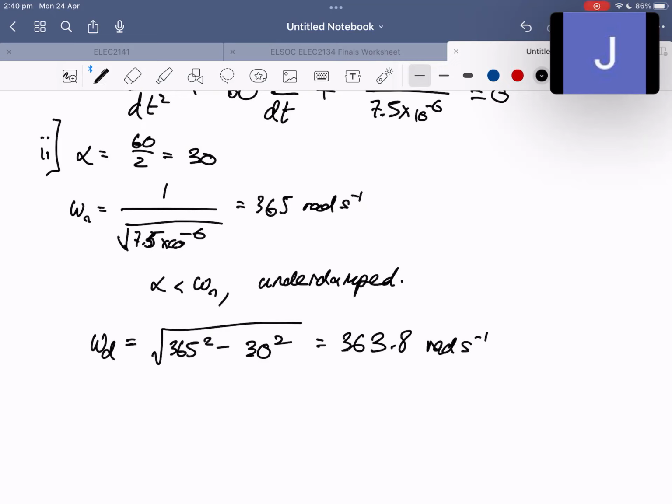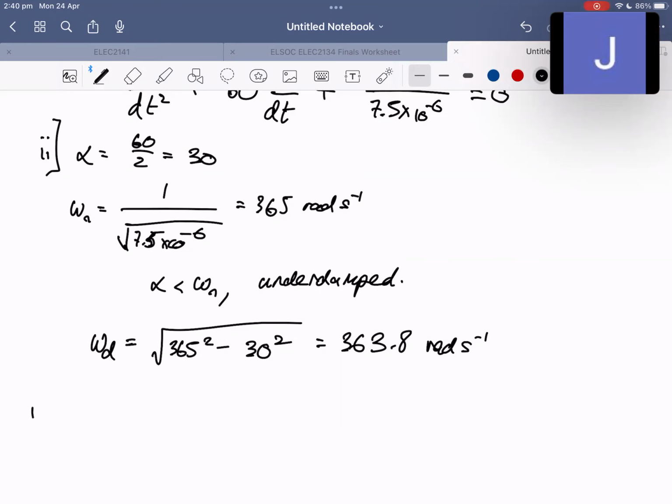It depends on the response. If it's overdamped, then it's alpha squared minus omega n squared, because alpha is bigger. It doesn't matter, just take the difference, and that's your omega d.